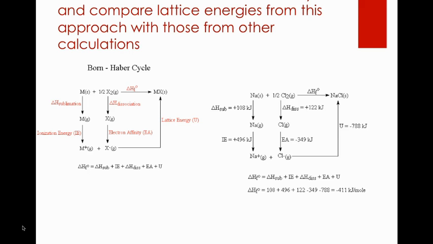Let's take a look at a Born-Haber cycle. If you look at the left-hand picture, this is the formation of a salt from perhaps a group 1 element and a halogen. It could be sodium and it could be chlorine.